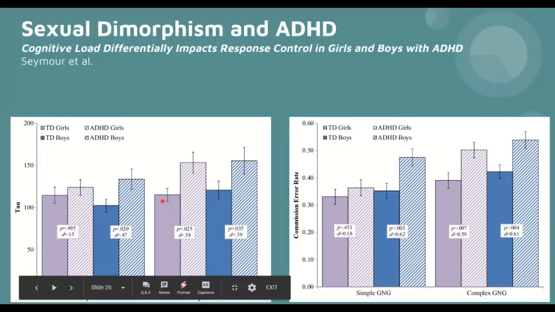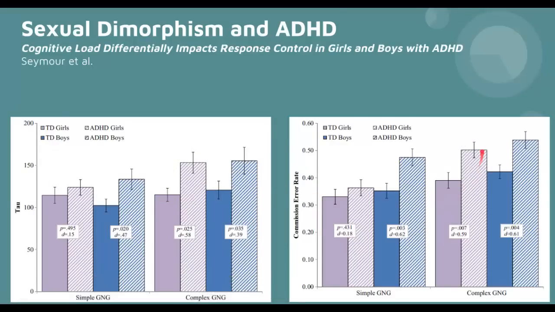However, once we move into the complex go, no-go task, there is a significant difference for the girls. So this key difference between the girls, we really can't tell the difference between the groups in a simple task, but as soon as their working memory gets overloaded, then the response control of those ADHD girls becomes a little inhibited, which is really interesting.